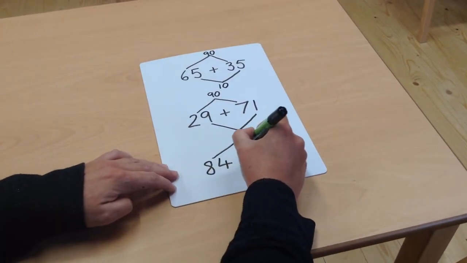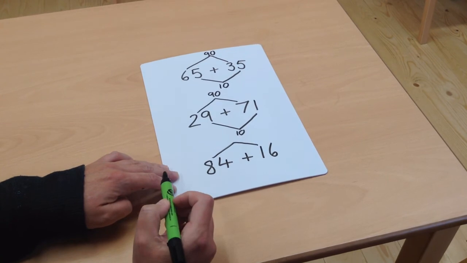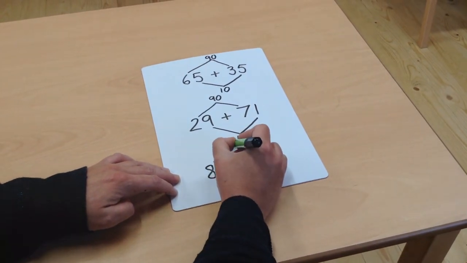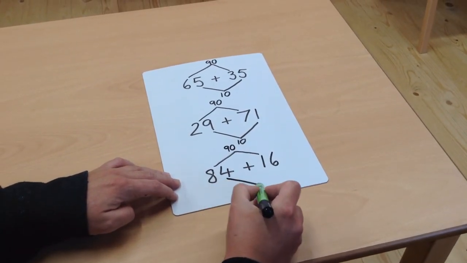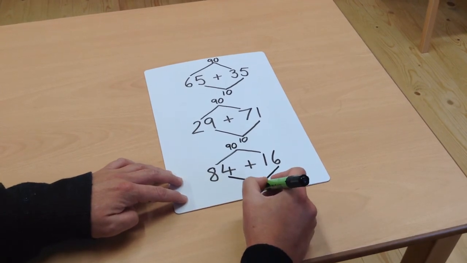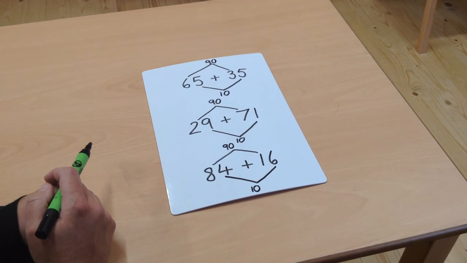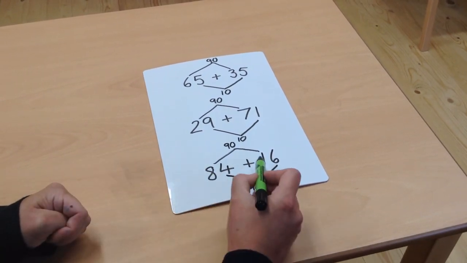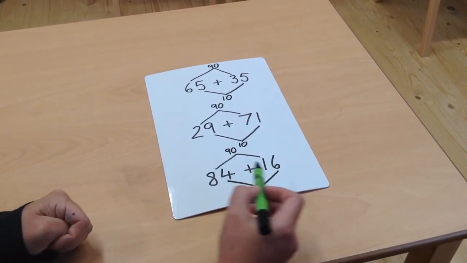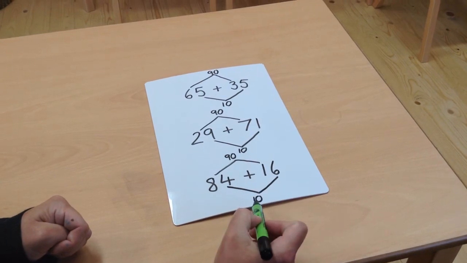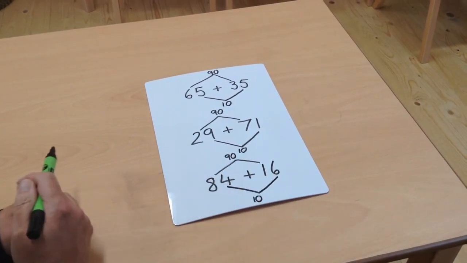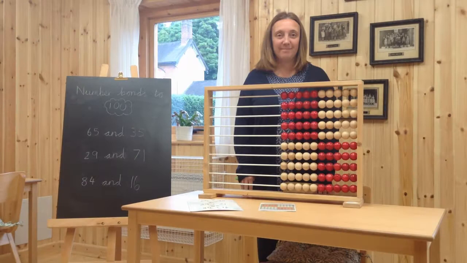The total of my tens is 8 tens plus 1 10, which again makes 90. And the total of my ones, 4 and 6, is 10. 90 and 10 total 100. So each time the total of your tens should be 90 and the total of your ones should be 10, because 90 and 10 will always make 100.